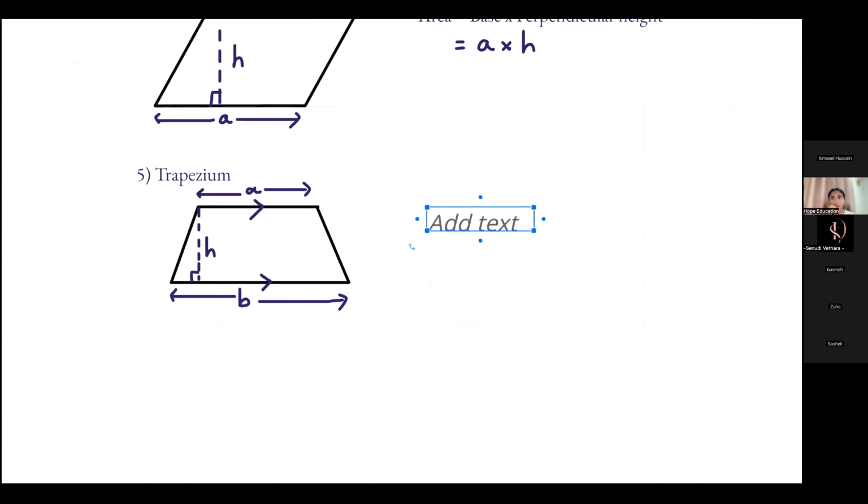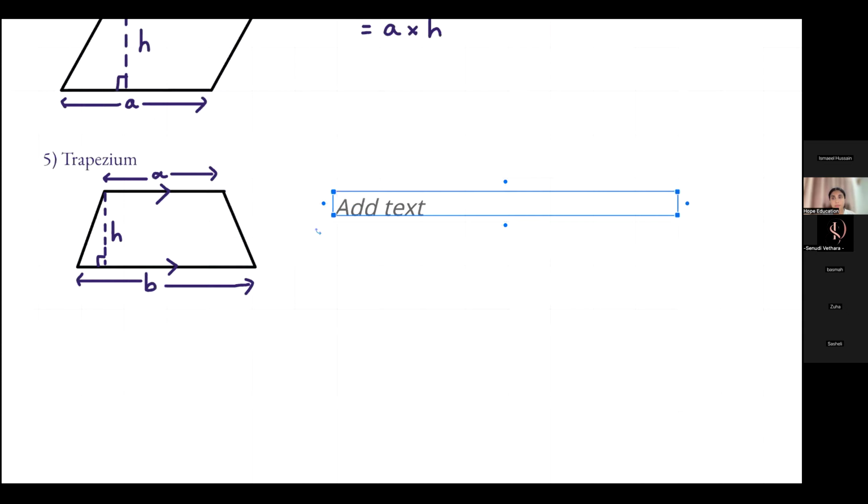Half into the sum of the lengths of parallel sides multiplied by the perpendicular height.